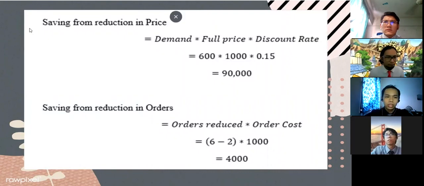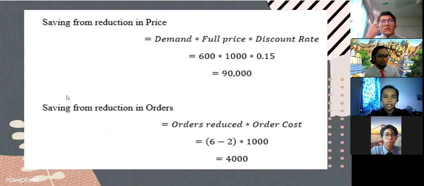All right, so now the saving from reduction in price. To calculate this, you take demand times full price times the discount rate. So we get 600 times 1,000 times 15%, which equals 90,000.